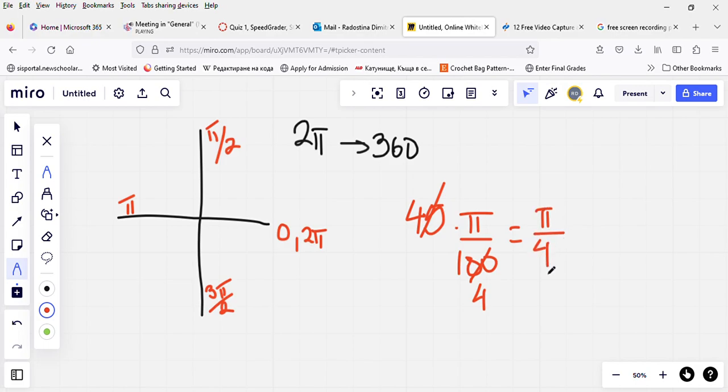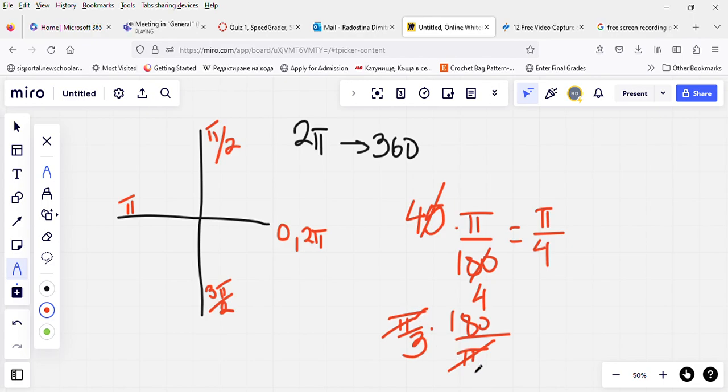Now, if you want to do it backwards, let's say you have pi over 3, and now you want to convert that to degrees. In this case, you're multiplying by 180 over pi. Because you are converting to degrees, pi should cancel. That's how you know you're on the right track.